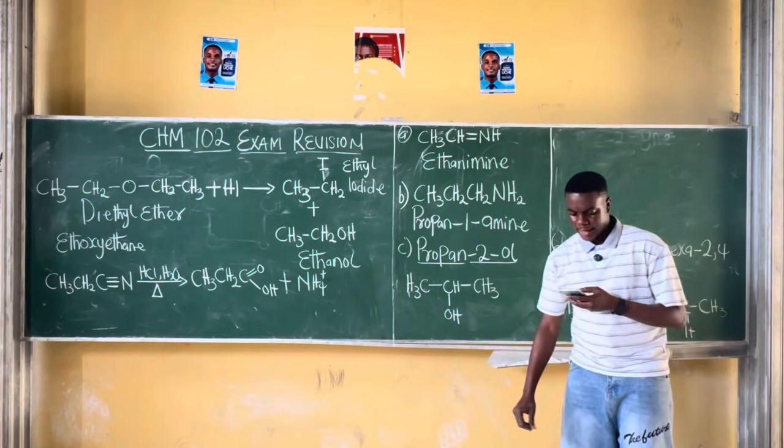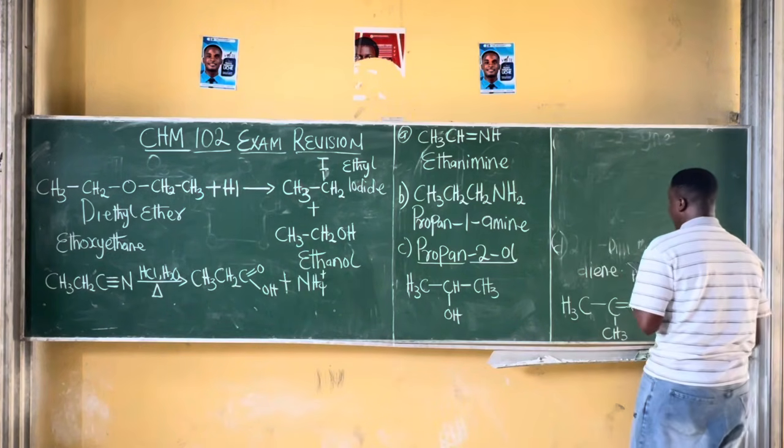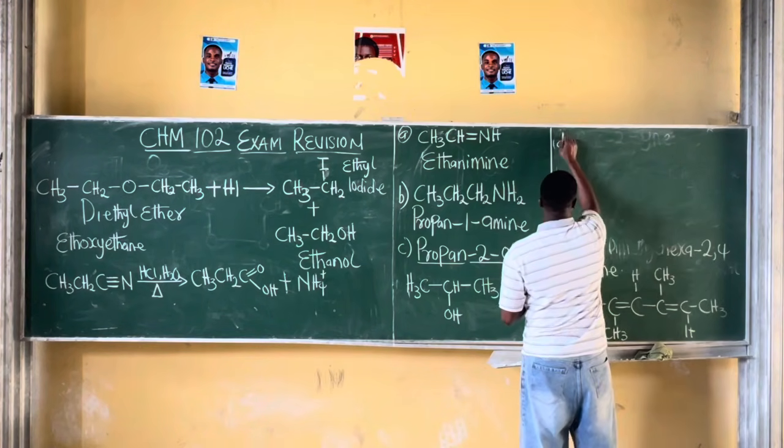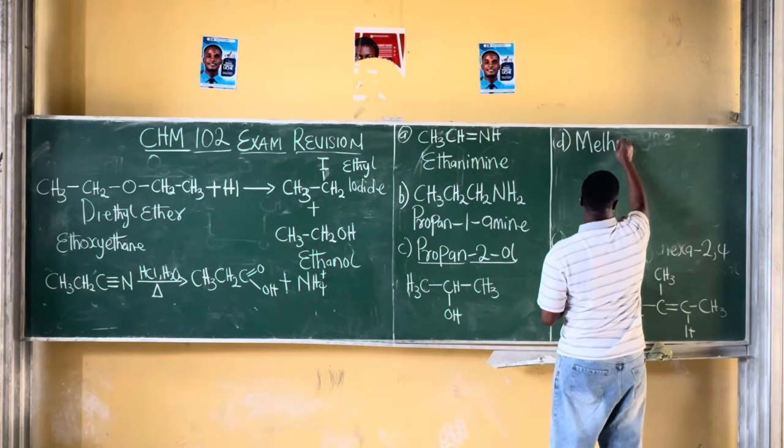All right, so what is the next one? The next one is methoxyethane. So D, we should draw methoxyethane.